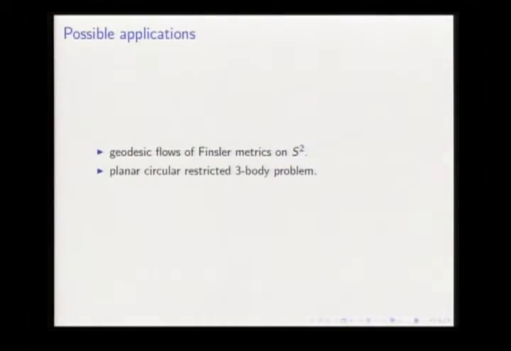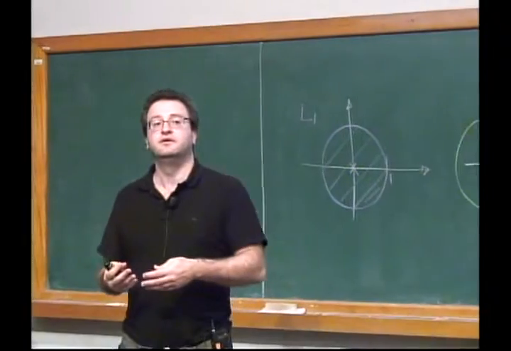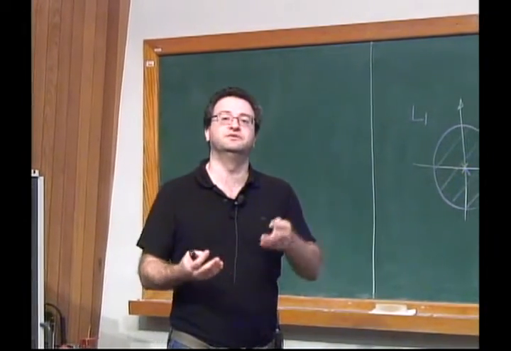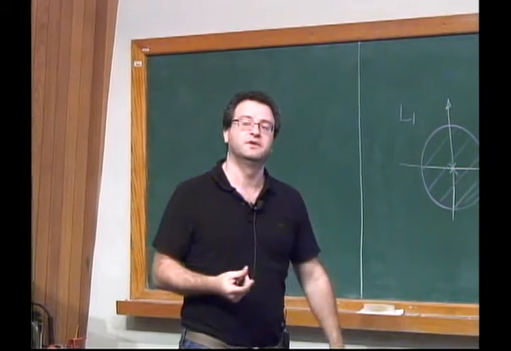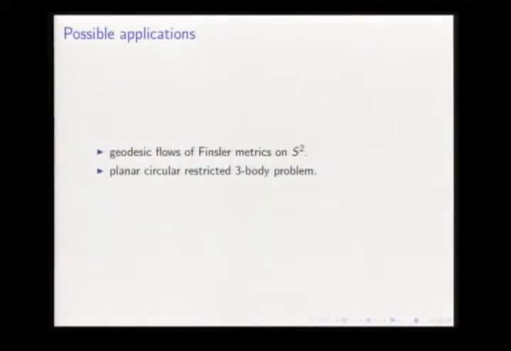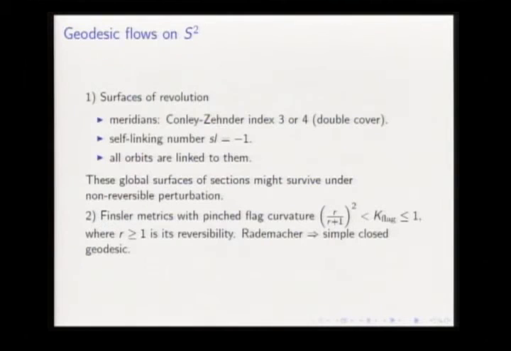Both of them, we have a Reeb flow on a lens space, which is just L2-1. And both of them, you have the standard contact structure. So all these theorems apply for these types of flow. The first application is very simple. There are 2 applications for geodesic flows.